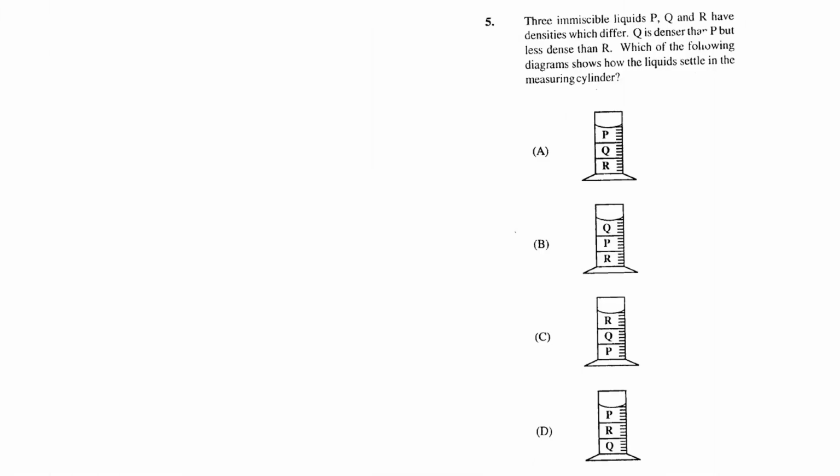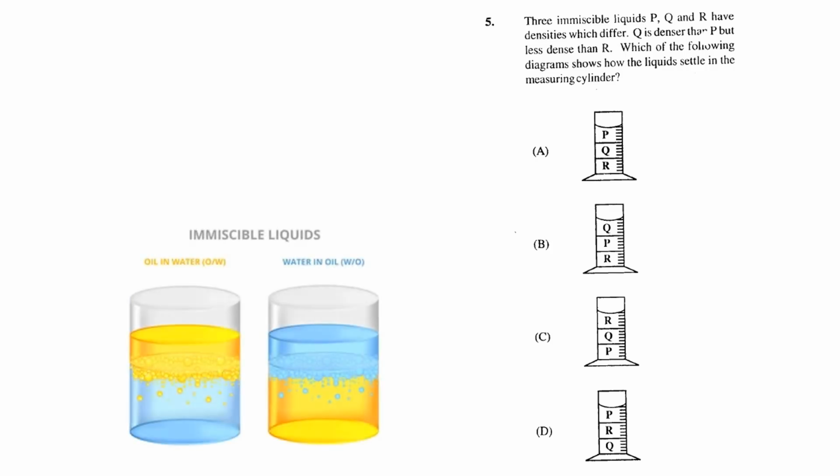Question 5. Three immiscible liquids P, Q, and R have densities which differ. Q is denser than P but less dense than R. Which of the following diagrams show how the liquids settle in the measuring cylinder? First off, what is meant by immiscible liquid? Well, that just means that the liquids P, Q, and R will not mix. They will stay separate.